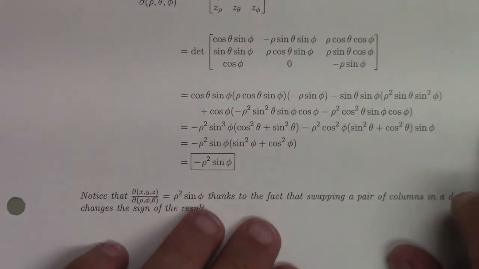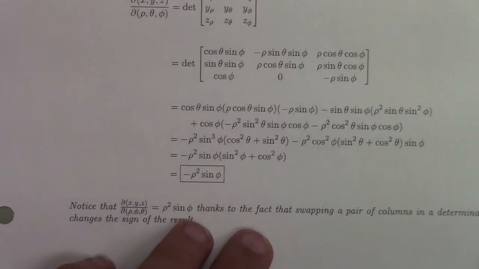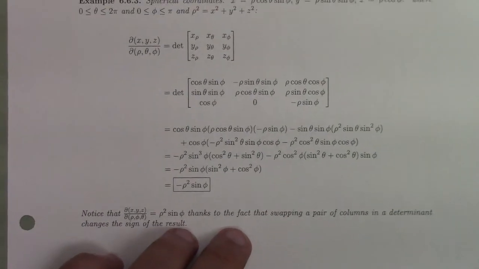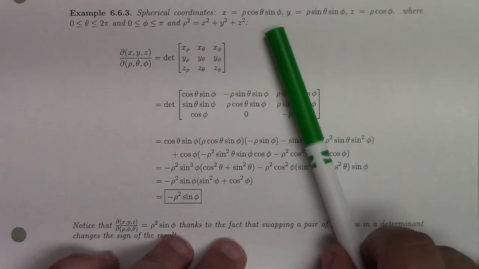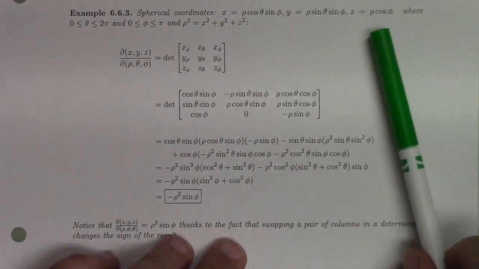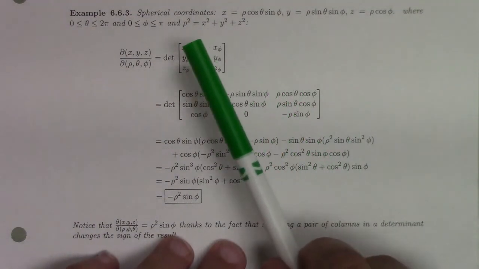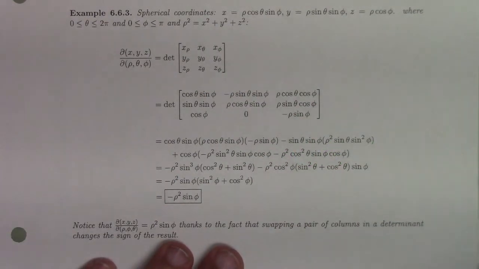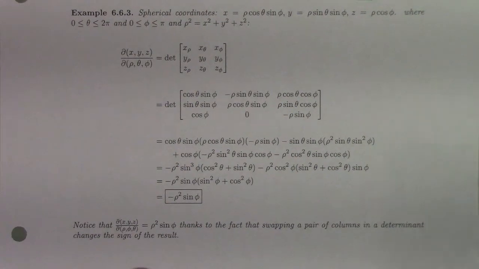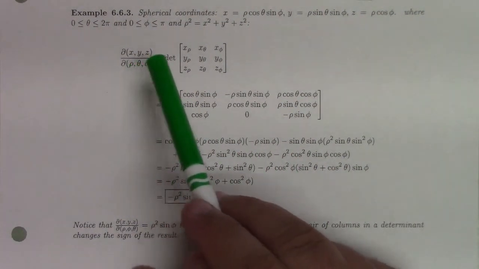And then this one is less easy: spherical coordinates. x is rho cosine theta sine phi, y is rho sine theta sine phi, z is rho cosine phi. If you calculate the Jacobian of this monstrosity, and you use sine squared plus cosine squared being 1, I got minus rho squared sine phi because I did rho theta phi.